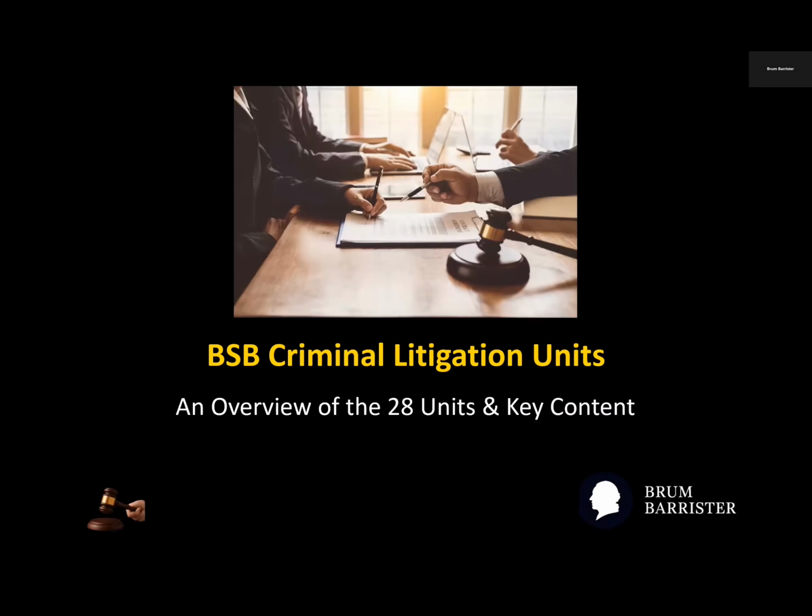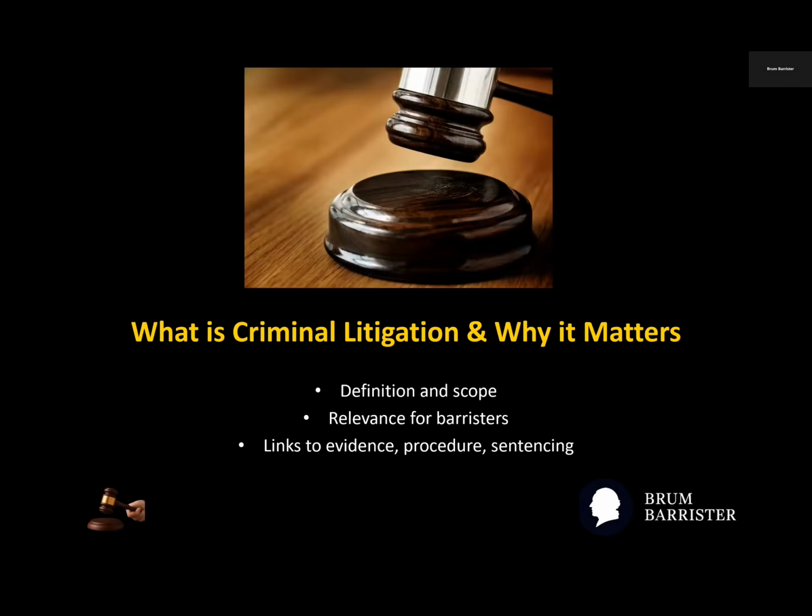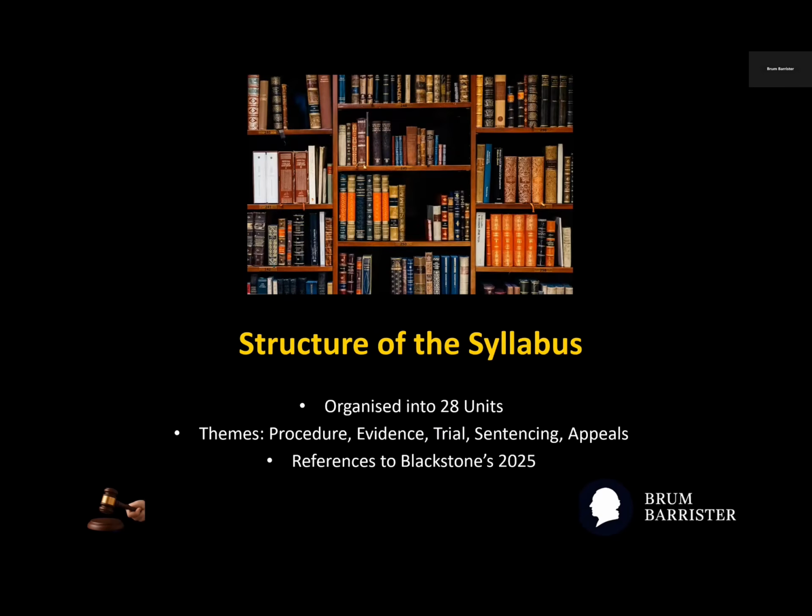And the syllabus is split into 28 units. It can seem quite daunting initially. There is a lot of volume to cover. However, they are grouped around 4 key themes. These are procedure, how cases are managed from start to finish; evidence, what the court can and can't hear; trial, the core skills of advocacy and examination, and we will have a separate series of videos on advocacy, looking in more detail at the skills involved for cross-examination and examination in chief.